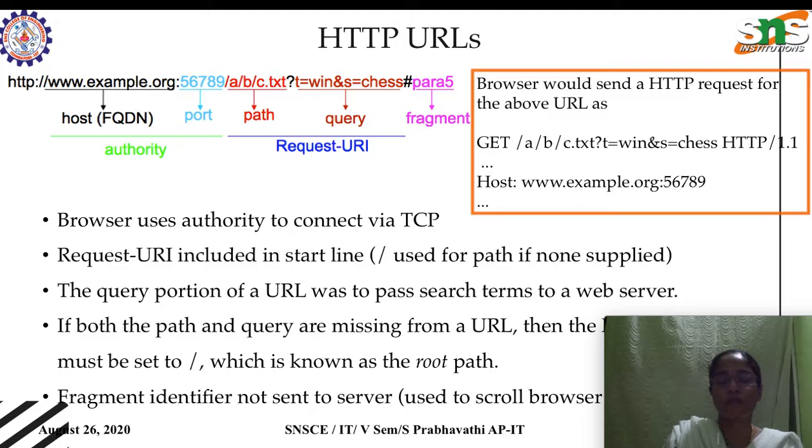That would be a POST request. Here it is a GET request, followed by the request URI, followed by the path. This part we have already seen, and this gives a little more recap of the HTTP URLs.